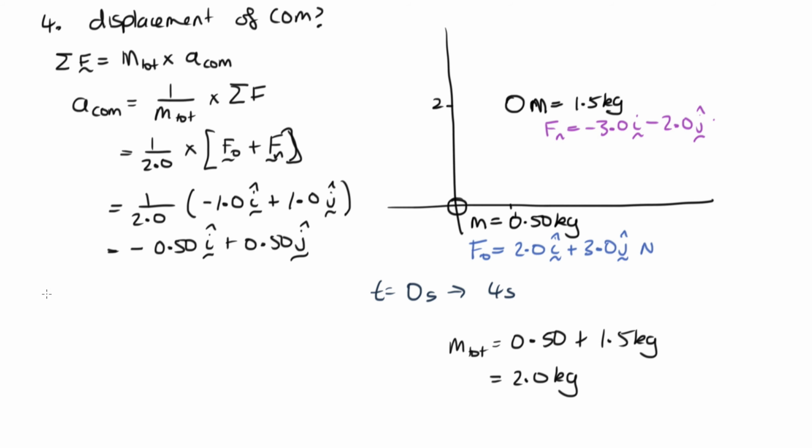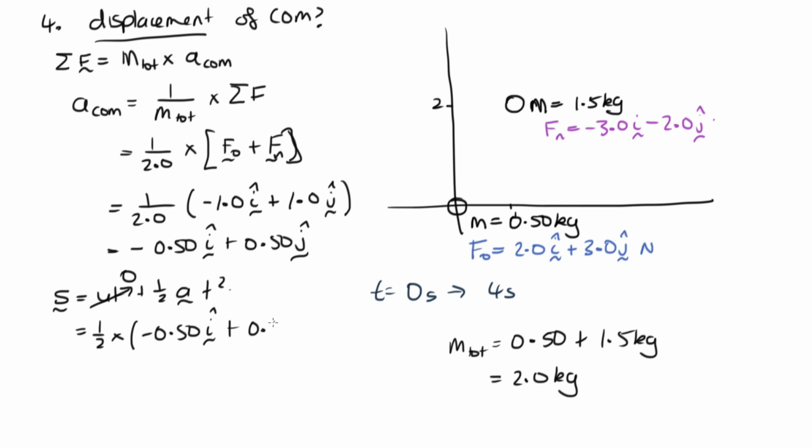So now we can use our kinematic equations to work out the displacement of the center of mass given the acceleration. So we can use our kinematic equation s equals ut plus a half at squared. In this case, we're assuming that they start from rest, so this term here is 0. And so our displacement is just equal to a half times the acceleration, which is minus 0.50i plus 0.50j, times t squared.